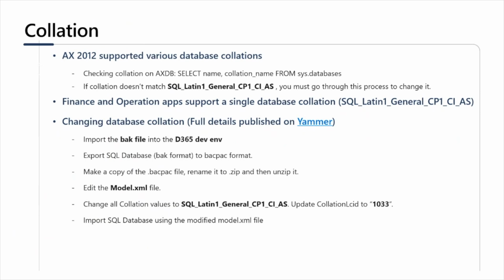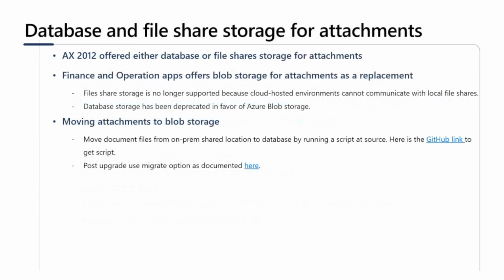You export that backup file into something called bacpac format. Bacpac is nothing but a zip file. You rename it, unzip it, and then you take a model.xml file which contains all the metadata about collations. You edit it in any text editor, and then you can re-import the database with the right collation, and that will produce a duplicate of your database with the expected collation settings.